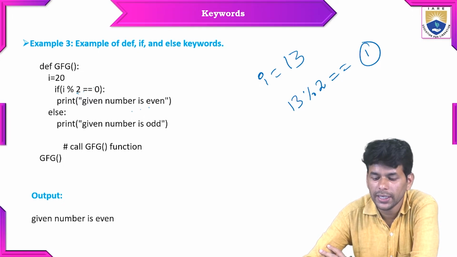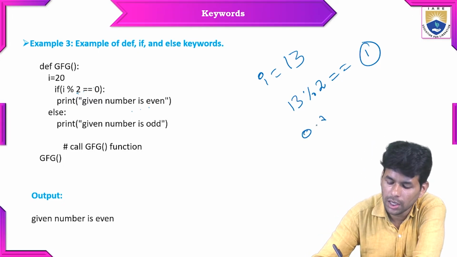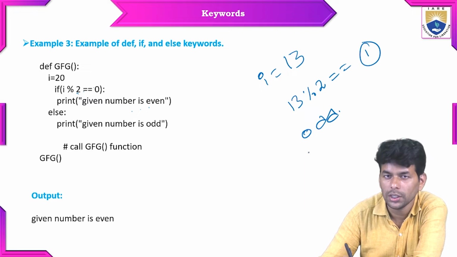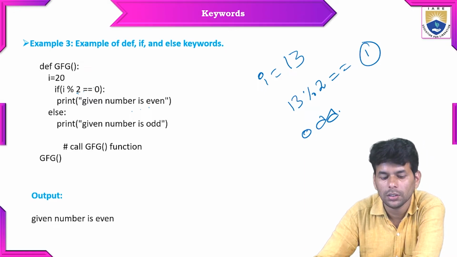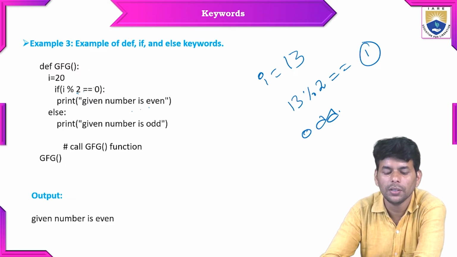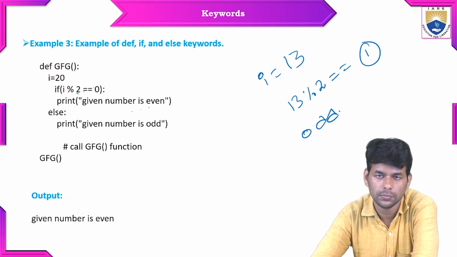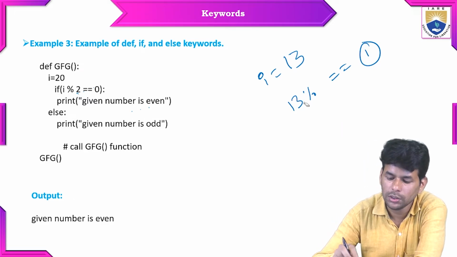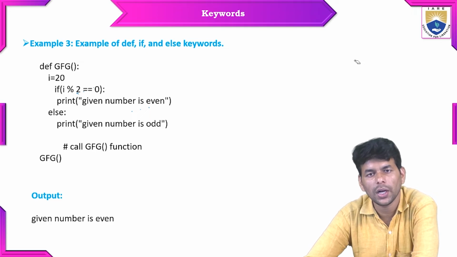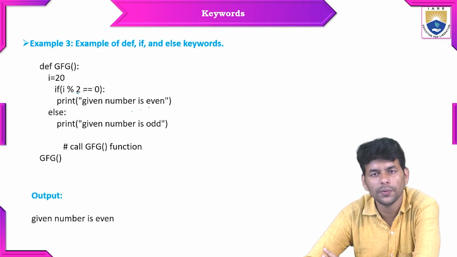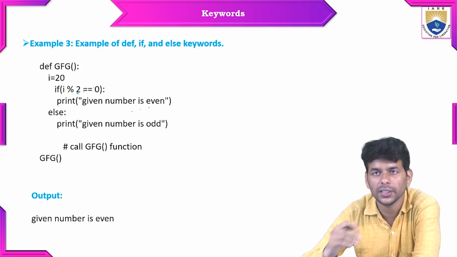That means it is an odd value. Is that clear? So this is the def keyword, if keyword and else keyword in my program. This is a small program to explain the def, if and else keywords.